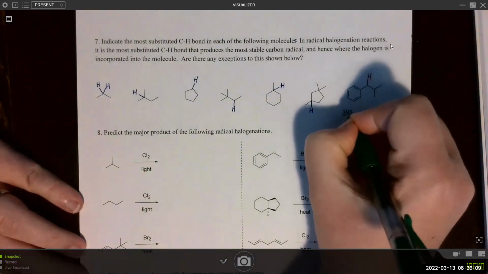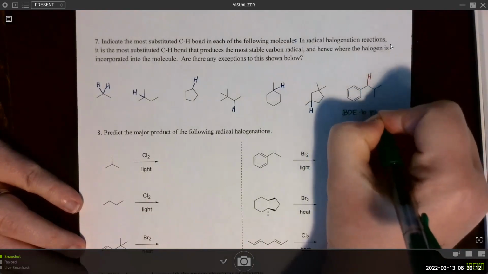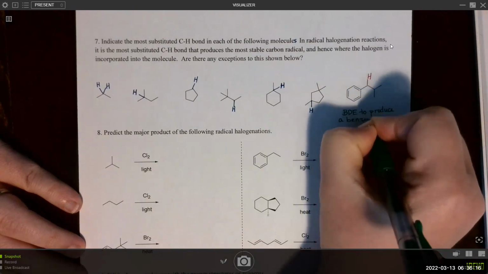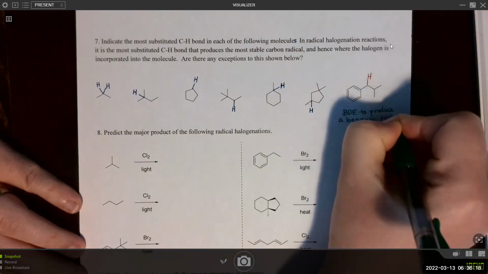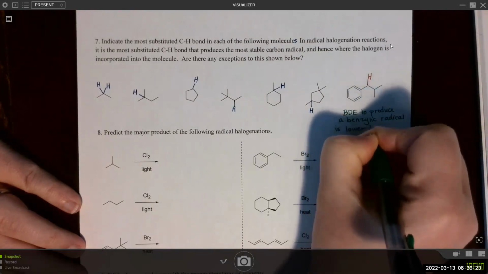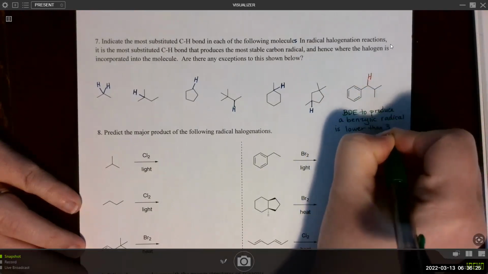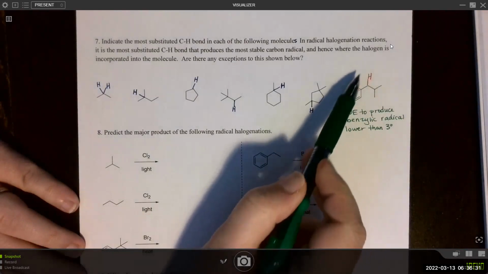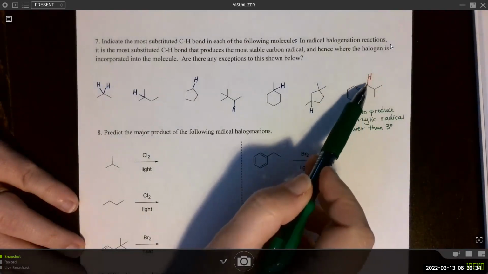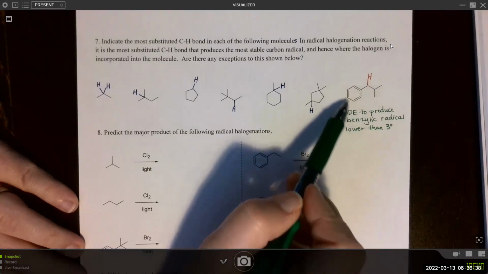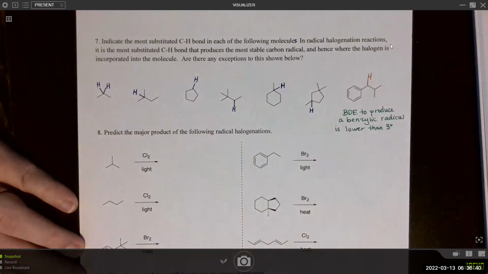So the bond dissociation energy to produce a benzylic radical is lower than to form a tertiary radical. So this is the one that is the exception, because this is only secondary versus tertiary, but this is secondary and benzylic.